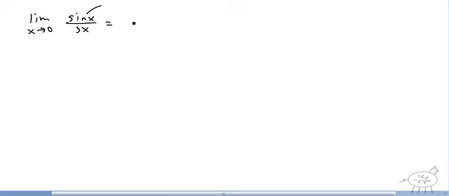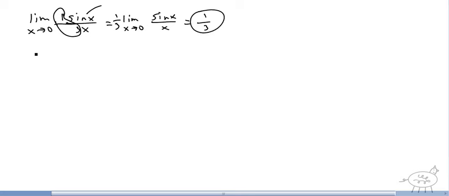I'm going to pull the 1/3 out. Here's 1/3 right here. 1/3 limit as x approaches 0 of sine of x over x. And sine of x over x is 1, so the answer is 1/3.